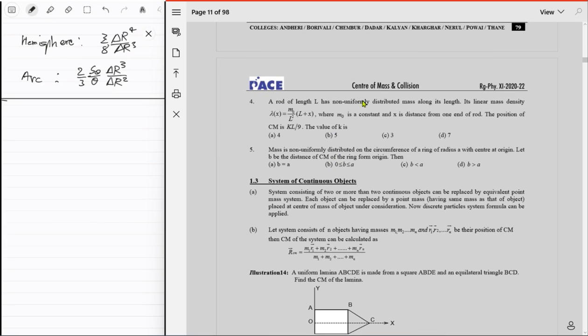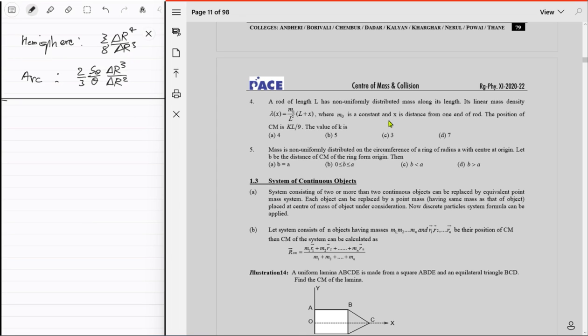Rod of length L, non-uniformly distributed mass along its length, linear mass density, something. Okay, well, it's a constant. Position of the center of mass is this thing of K. Are you serious? Okay. Fine, fine, fine. So they gave us the lambda value, whatever. So we should probably go from integration of length L. But where does it start?